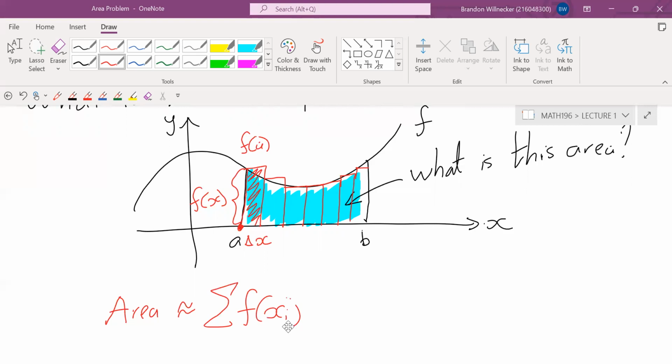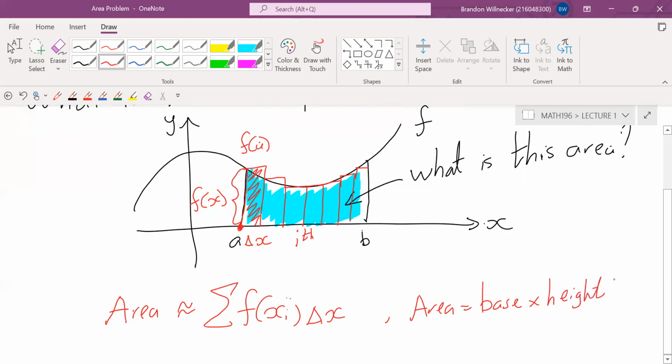Let's say this one is rectangle number i. So the ith rectangle's height times delta x, because the area is base times height. And that gives us an approximation to the area.